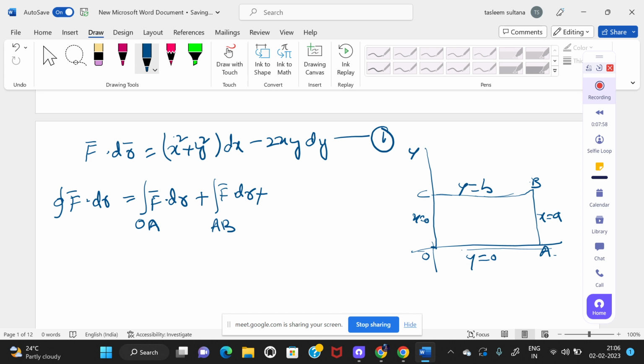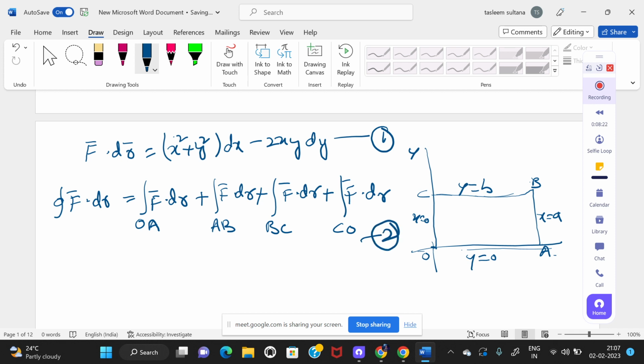From B you are traveling till C, that is integration over B to C, F vector into dr vector. Then from C you are reaching the origin, so integration from C to 0, F vector into dr vector. This will make it equal to equation number 2.